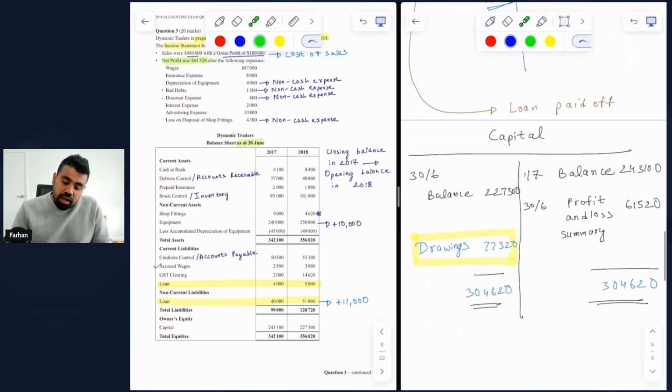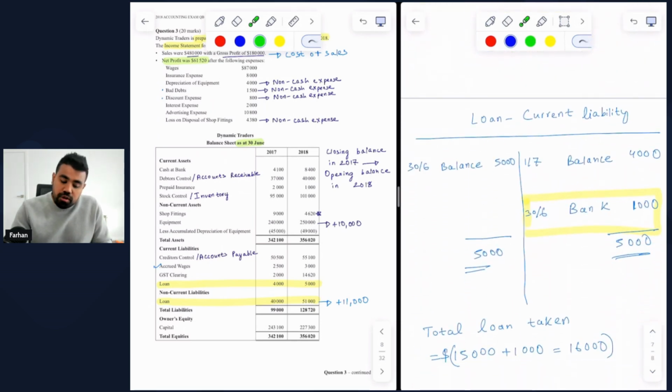So let's do the ledger account for the current liability of the loan. And you can see I've included the opening balance of 4,000 and the closing balance of 5,000, simply the two numbers that we have been provided here for loan under the current liability section. Then the loan, if we were to balance this, we figured out that we have taken out an additional loan of $1,000 during the year.